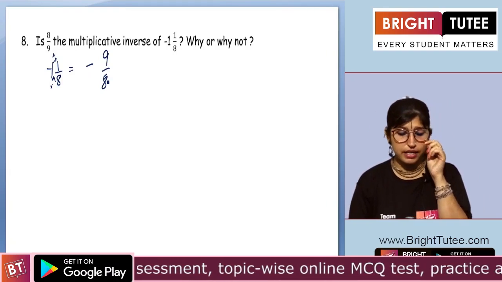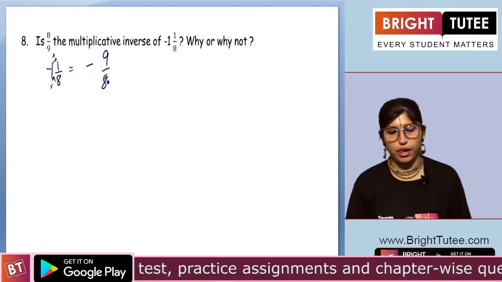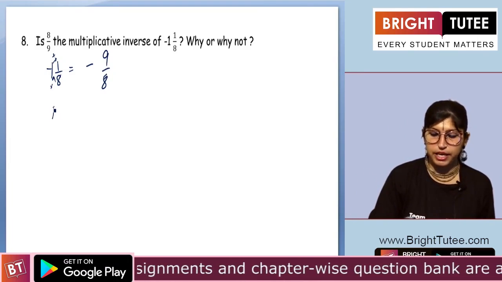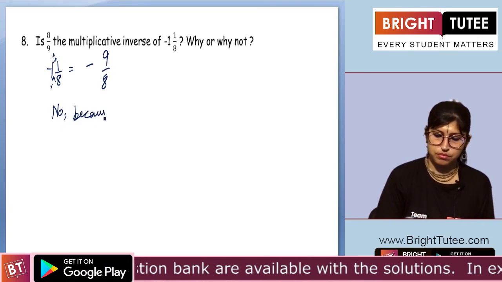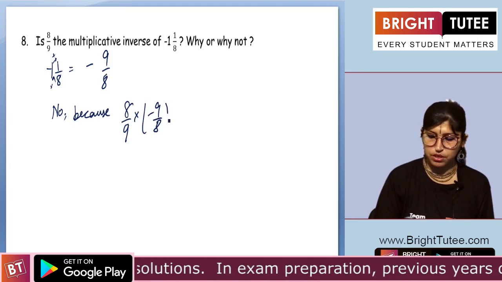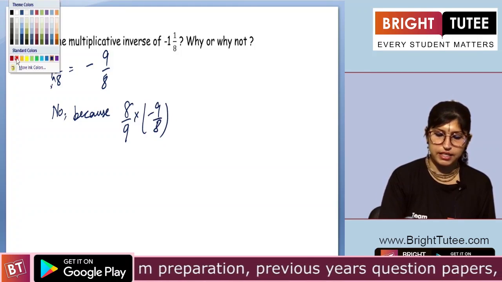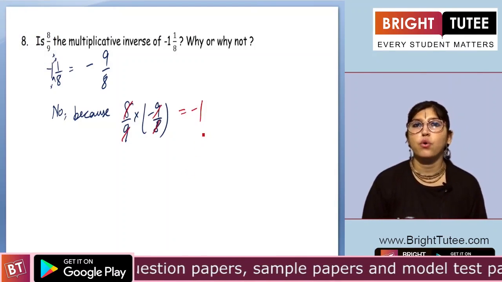So it asks, is 8 by 9 the multiplicative inverse of minus 1 1 by 8? We'll be saying no. Why? Because if we are multiplying these two numbers and after cancelling them out as well, we are getting minus 1, not 1.